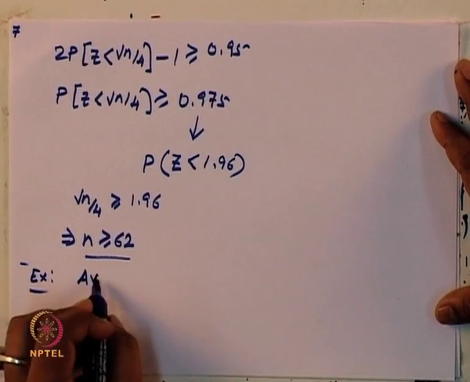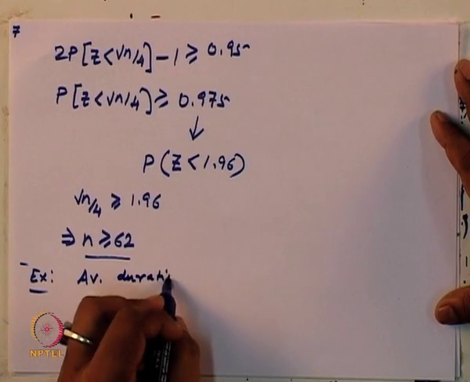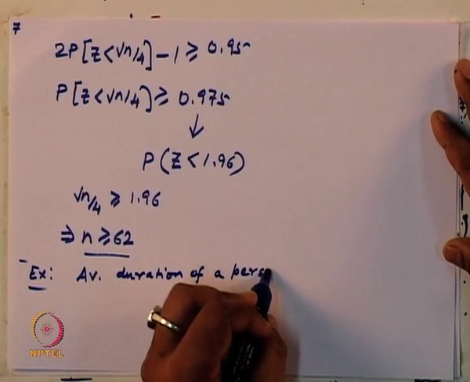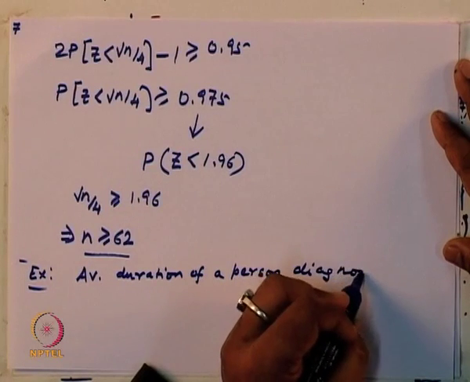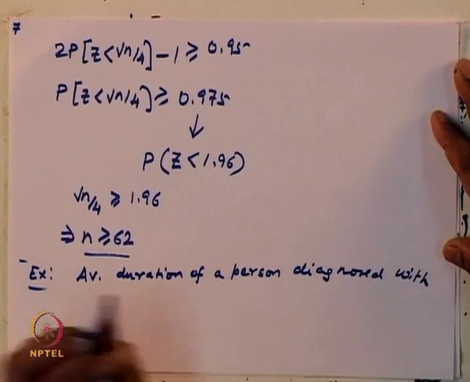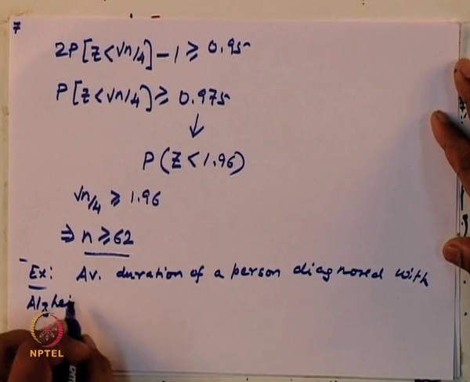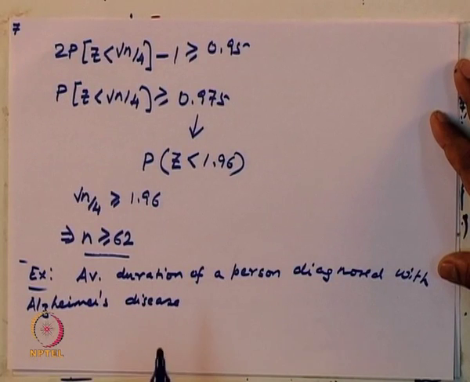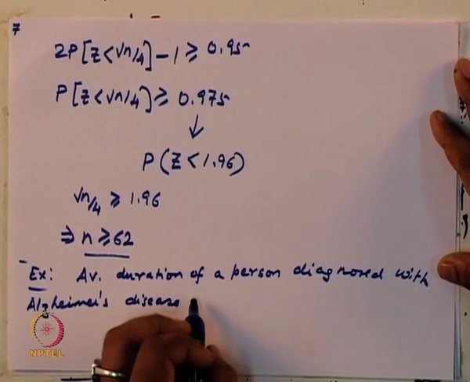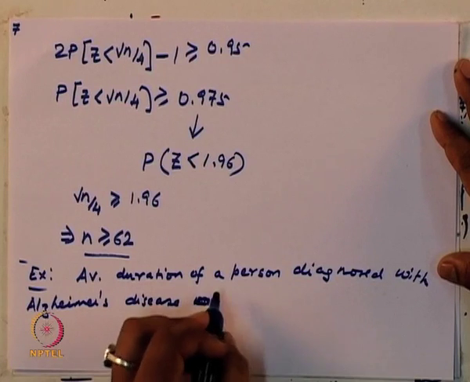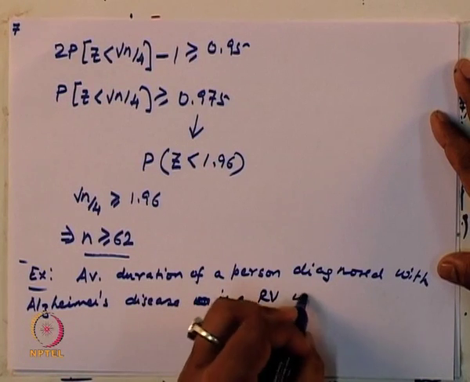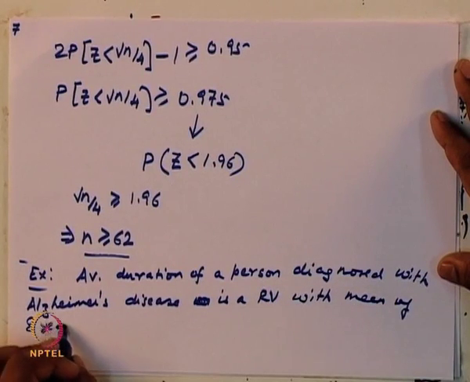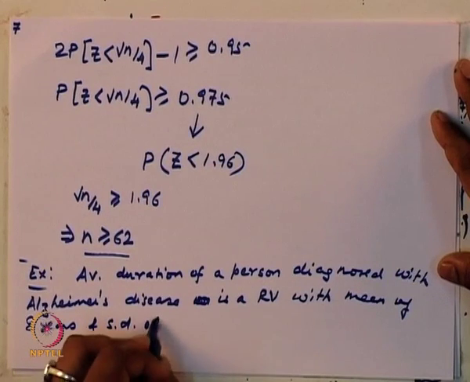So, imagine the average duration of a person diagnosed with Alzheimer's disease is a random variable with a mean of 8 years and a standard deviation of 4.